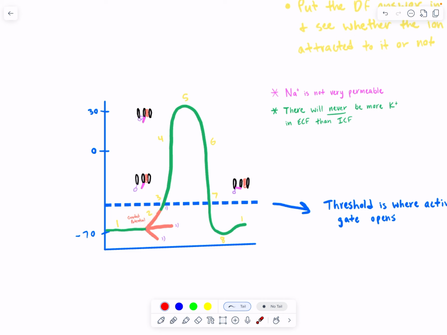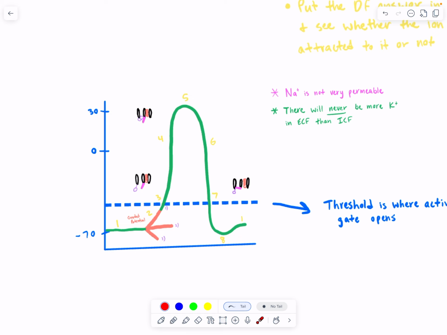And there's differences between a graded potential and action potential. Action potentials are all or nothing. So if a certain number is hit, usually -55, if this threshold is hit, then an action potential is automatically generated. It does this whole thing.